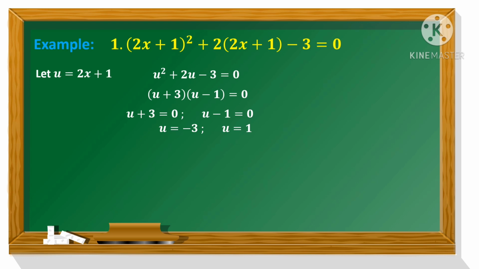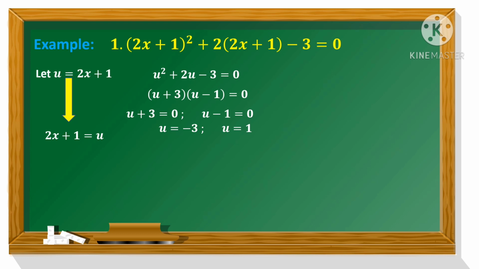Then after that, we are going to find the x by resubstituting the computed values of u to our representation, u equals 2x plus 1. We can interchange the 2x plus 1 and u, so you can have 2x plus 1 equals u, by symmetric property of equality.